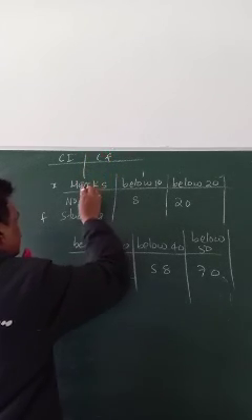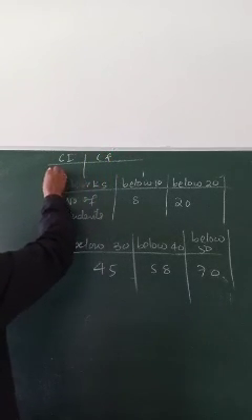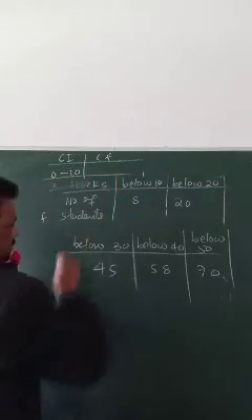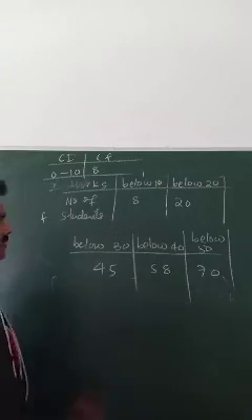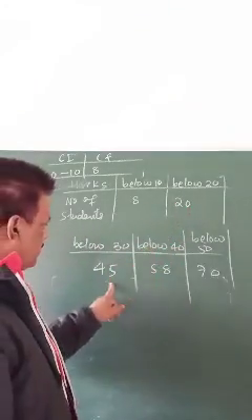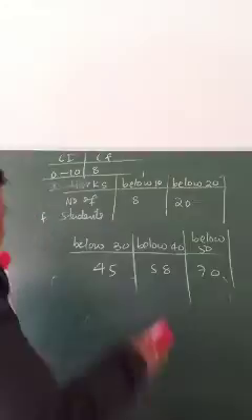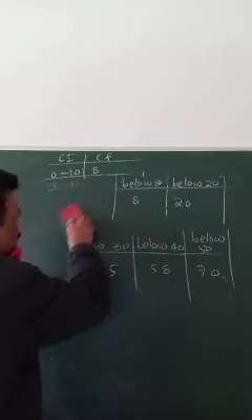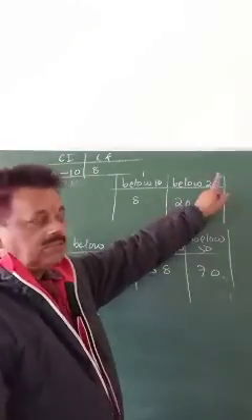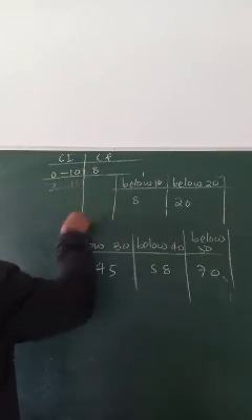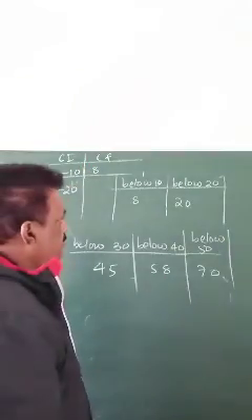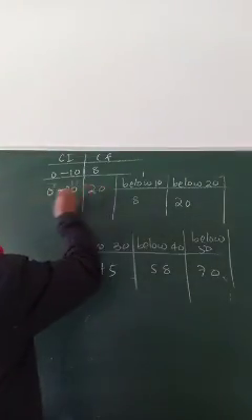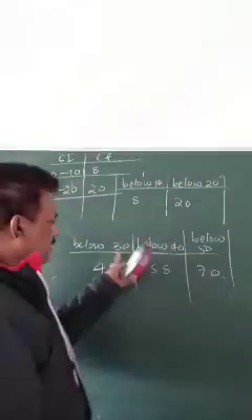So we are given cumulative frequency: 0 to 10 is 8, because this is increasing. Total is always given. Below 20 means 0 to 20, and 0 to 20 is 20.